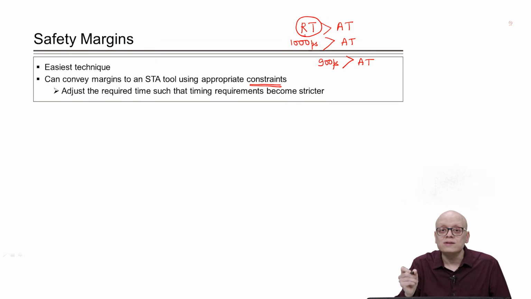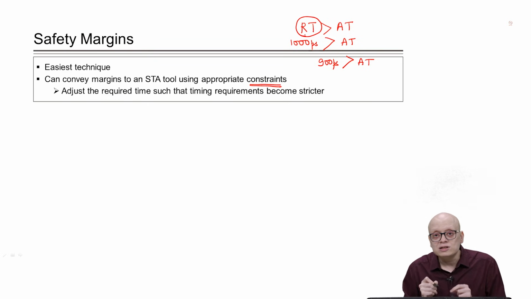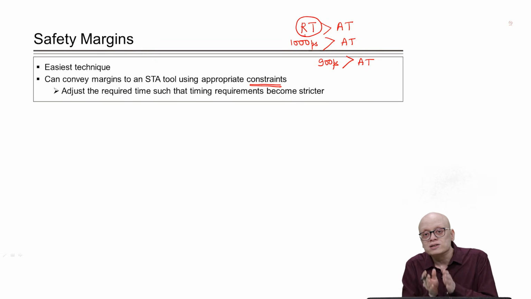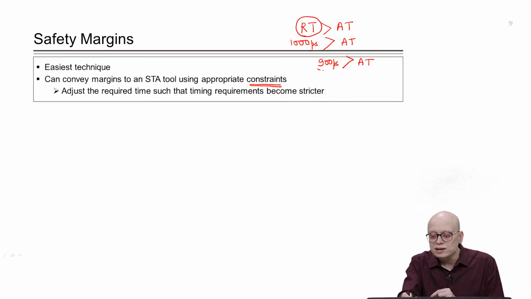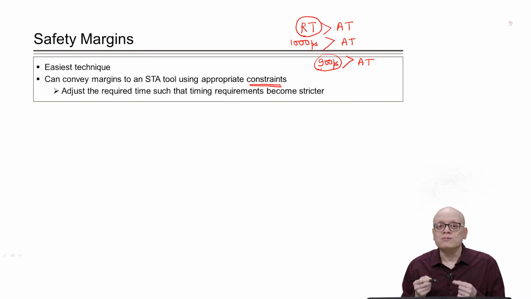In this case, if the extra margin was 100 picosecond, then for setup analysis 100 picosecond will be subtracted from the required time, and the new required time checked by the tool will be 900 picosecond instead of 1000 picosecond.